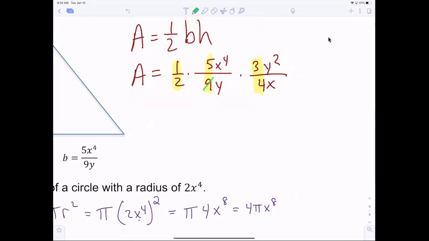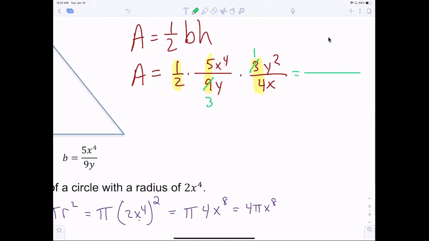Yes, the 9 becomes a 3, and the 3 becomes a 1. Very, very good. All right, so now if I'm just multiplying the numbers, what do I end up with? What do I get? In other words, 1 times 5 times 1. Yeah, that's not too bad, right? Those are just fractions, reviewing those.